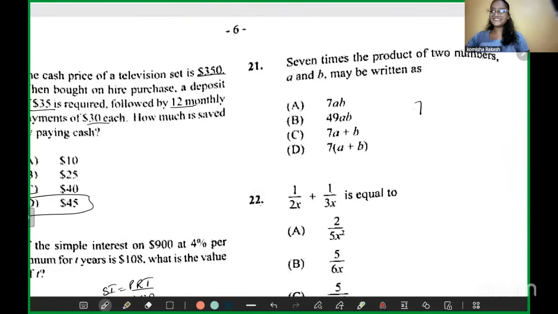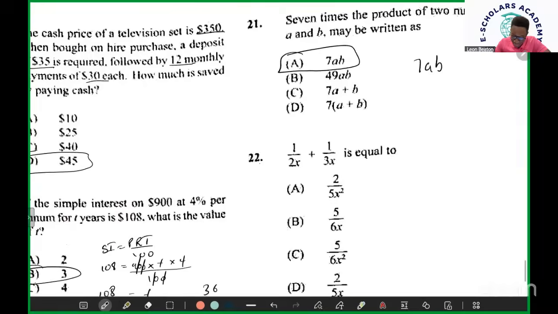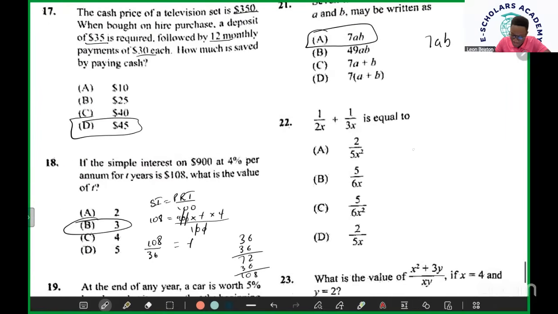So 7 times the product AB, so 7AB, which is A, right? Next, 1 over 2x plus 1 over 3x. So we know we gotta find the LCM here. We find the LCM of 2 and 3, that would be 6.